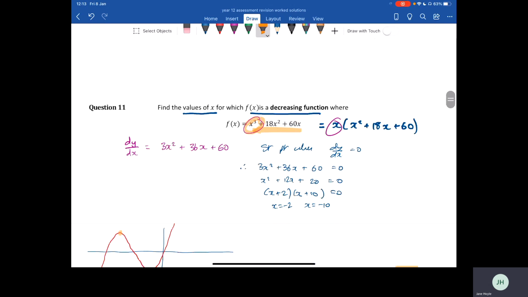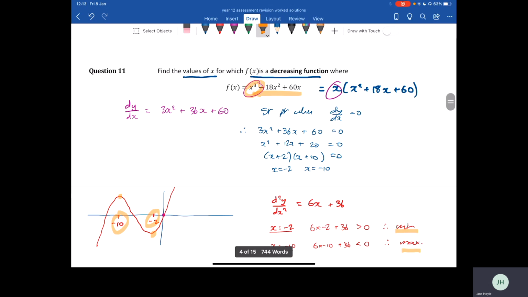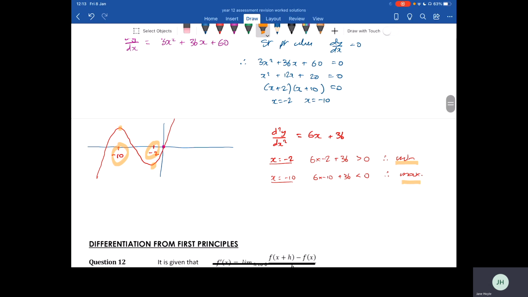What the actual question wanted me to do was to state the values for which it was a decreasing function, and we can see that it's decreasing. When is it getting smaller? It's decreasing from that turning point there all the way down there, and then at this stationary point there, that is when it turns around and starts going back up. So I can see from the graph, but you'd also be able to work it out from here, but I'd want a backup there.